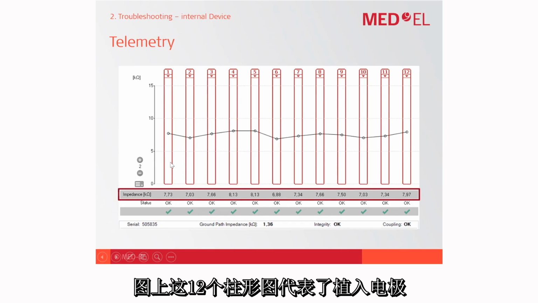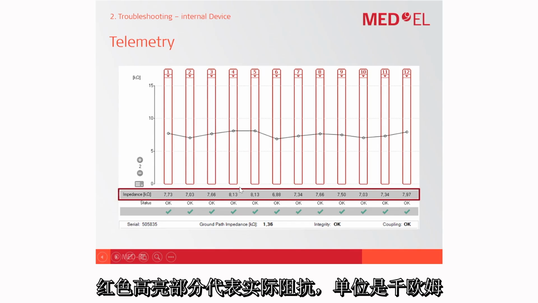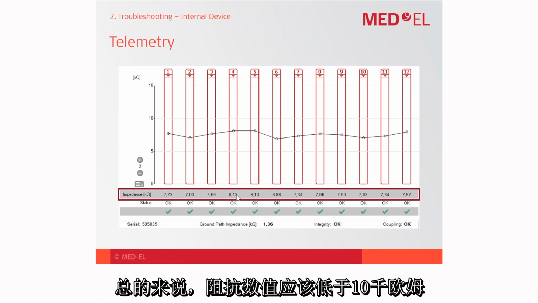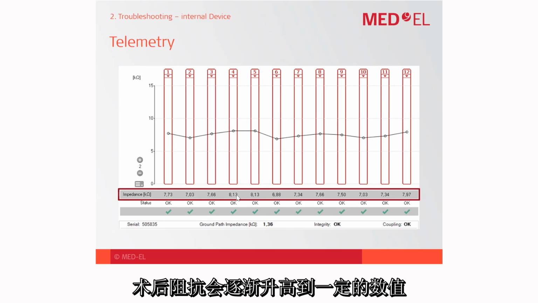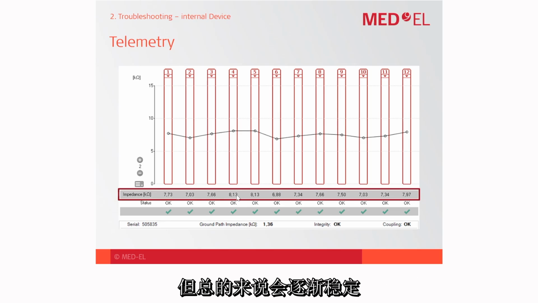Here you see these 12 bars representing the intracochlear electrodes, and here highlighted in red you see the actual impedance in kilo ohm. So typically those values are supposed to be roughly below 10 kilo ohm. For sure intraoperatively they are lower and then over time they increase to some extent, but we would like to see that the impedances overall stabilize.